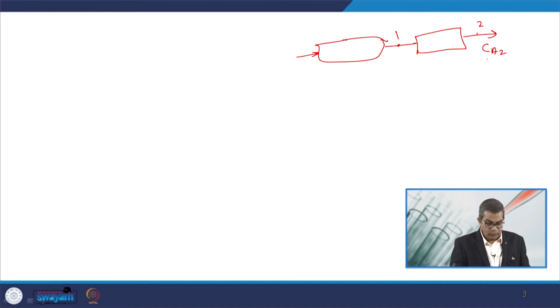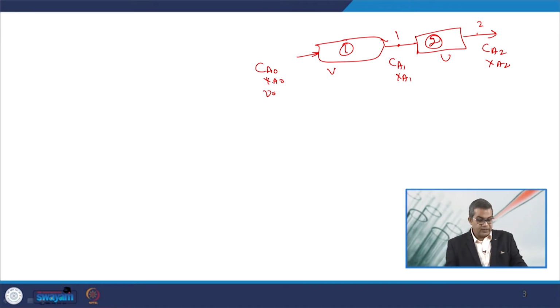Here Ca2, Xa2, V, and here Ca1 and Xa1, and here Ca0, Xa0 and V0. So both plug flow reactors are connected in series, having the same volume of 50 liters. Initially the feed is charged to the first reactor with reactant concentration Ca0 and feed rate v0 with no conversion, that is Xa equal to 0.